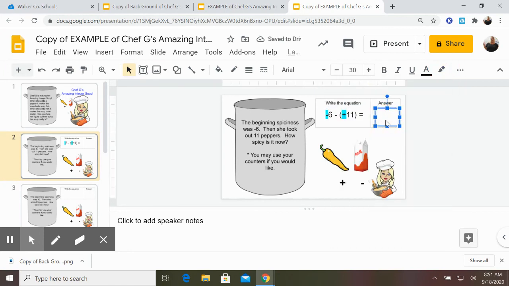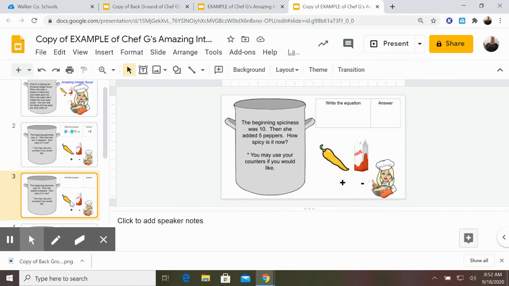So now my signs are different. Different means I'm going to subtract. So 11 minus 6 would be 5. And my sign would be positive because 11 has the greater absolute value. So my answer here would be positive 5.